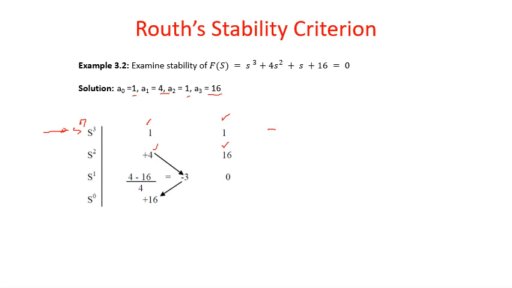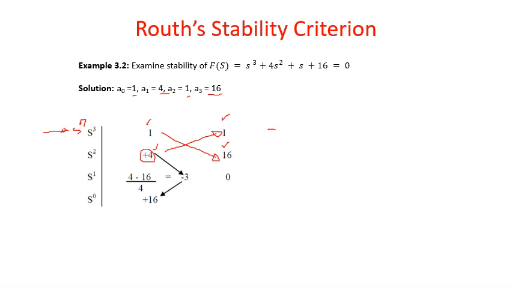Now coming to the S1 row, to fill it you have to multiply 4 with 1, so you will be getting 4, and minus 1 into 16, that is minus 16, whole divided by 4. So 4 minus 16 divided by 4 will be equal to minus 3.